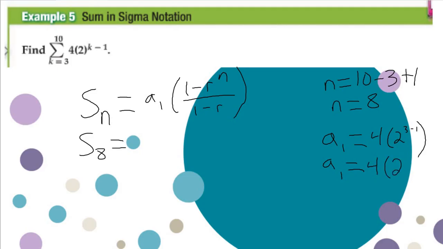So 3 minus 1 gives us 2, 2 squared gives us 4, and 4 times 4 gives us 16. And then your r is just whatever is being raised to the power. So in this case, it's 2.